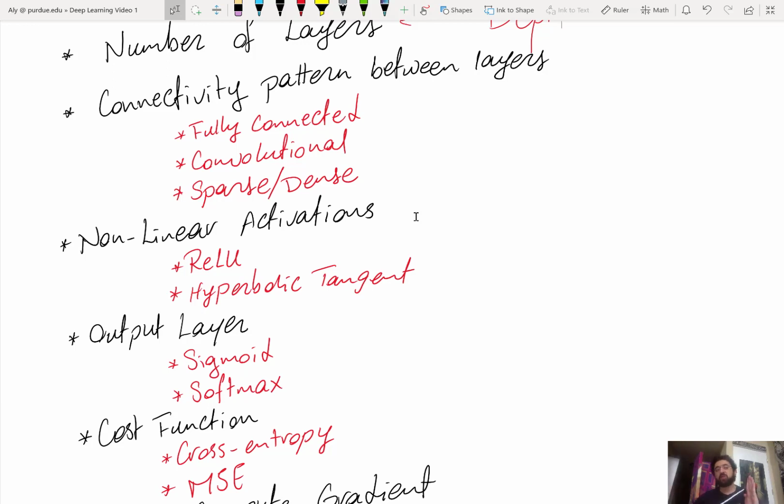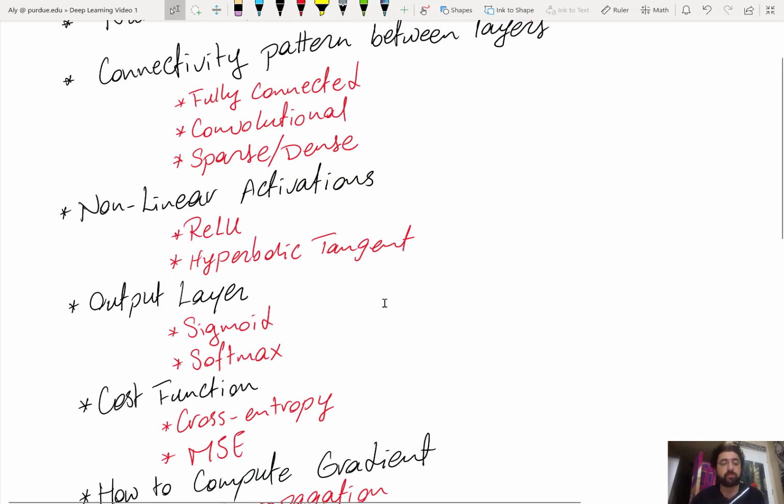So depth is only useful if you have nonlinear activation. So the choice of nonlinear activations is a big decision in learning, and we discussed so far rectified linear units that are typically used in feedforward networks, and hyperbolic tangent, or the variant of sigmoid, as a nonlinear activation that's typically used in recurrent neural networks.